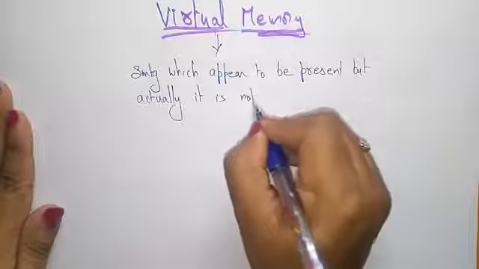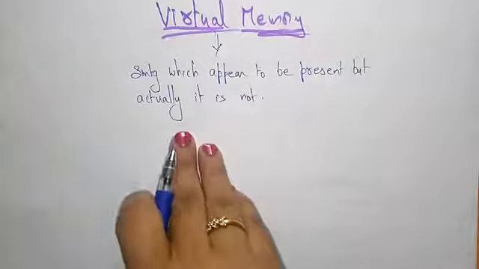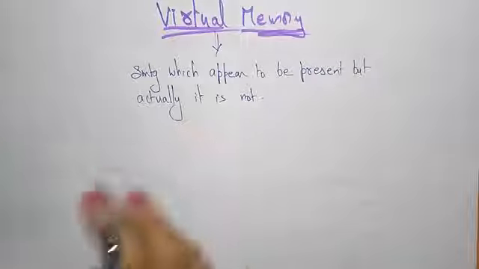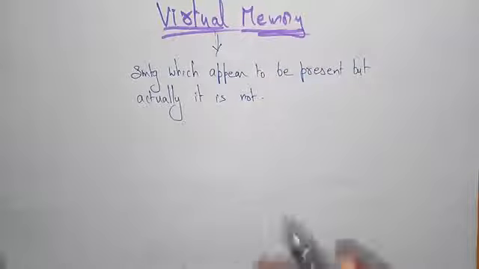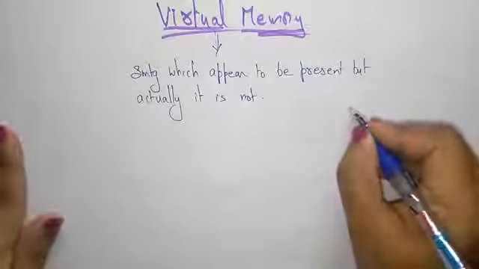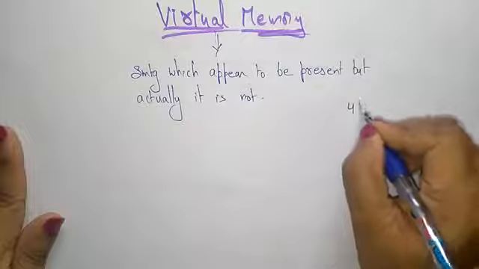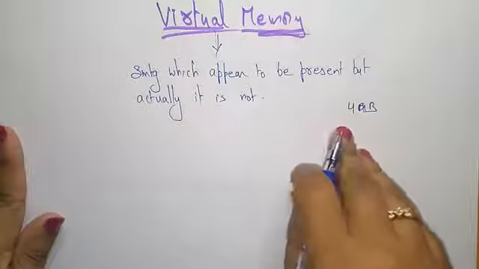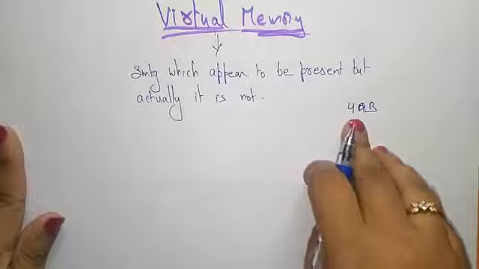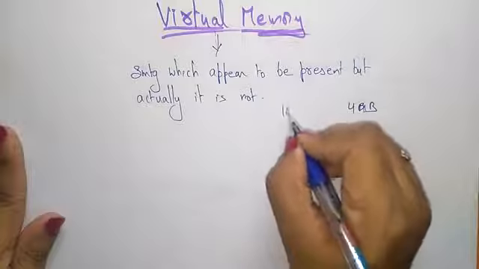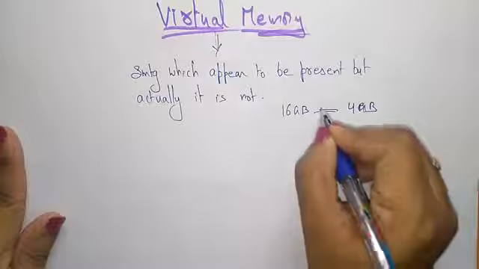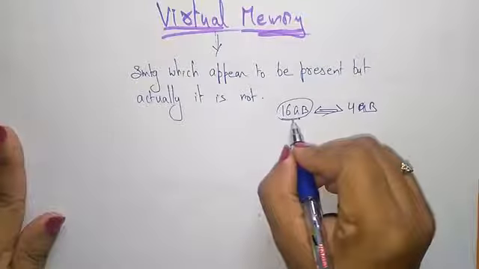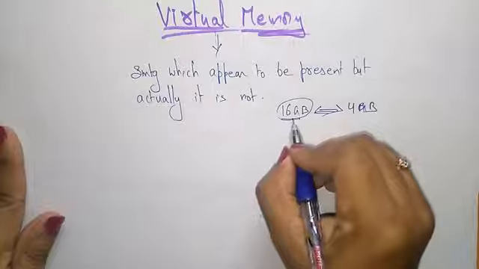The virtual memory technique allows the user to use more memory for a program than the real memory of a computer. Suppose the real memory, the main memory, is 4 GB, but the virtual memory is about 16 GB. So it is not real.